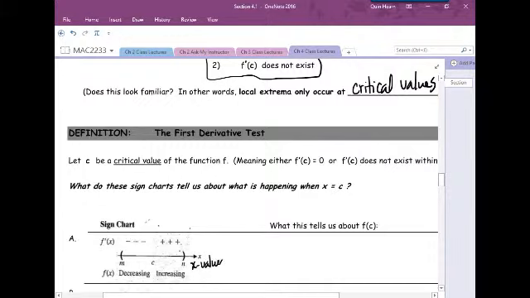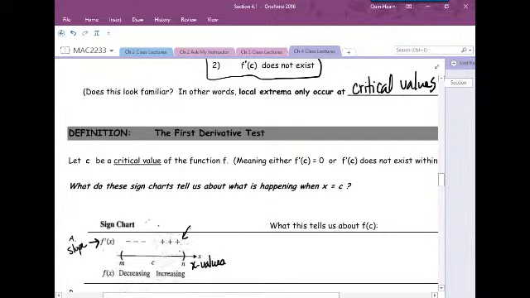So all that a sign chart is, is a number line, like the x-axis, where on the bottom of the number line we have x values, and then on the top of the number line we have positive and negative symbols to tell us for which x values the function we're analyzing is positive or negative.